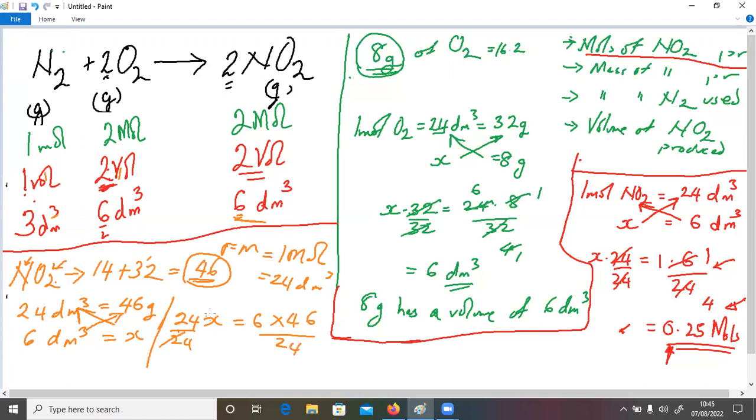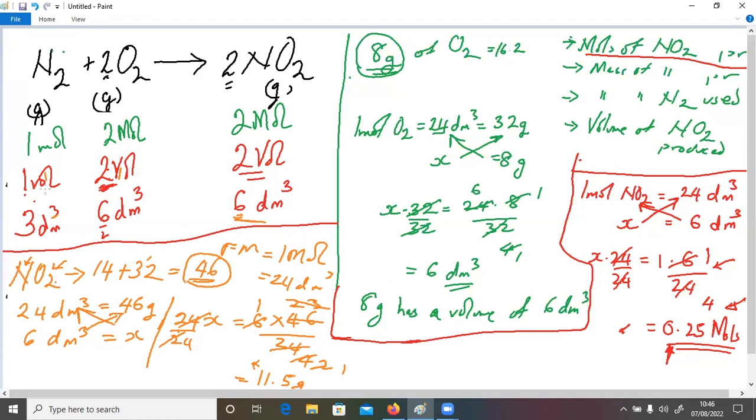So the x of course is 6 by 46 divided by 24. 6 by 4 is... by 2 is 23, by 2 is 11.5 grams. And that is the mass of the nitrogen dioxide that is produced in that particular reaction, right? That's the second step. Then the other one is the mass of nitrogen produced.